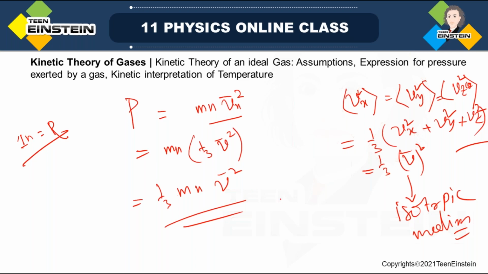Okay, let me tell you, this can be written as rho. Density means total mass of the substance divided by volume.